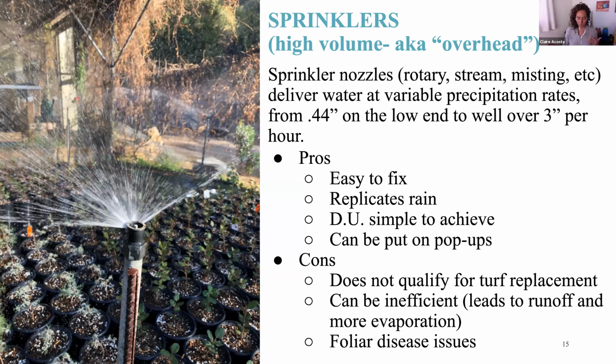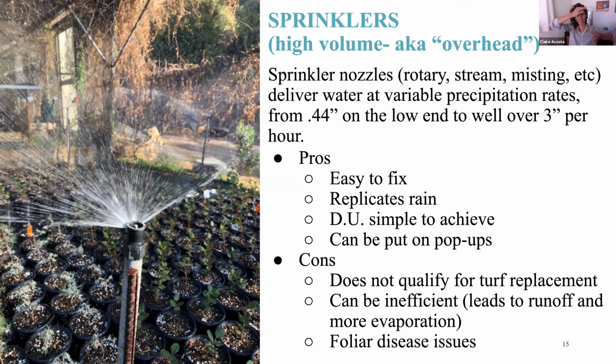The pros for using sprinklers would be they're relatively easy to fix. It also replicates rain, like it's the overhead water falling from the sky all over. DU is distribution uniformity, so evenly distributing the water all over like the rain does is easy to achieve with sprinklers.